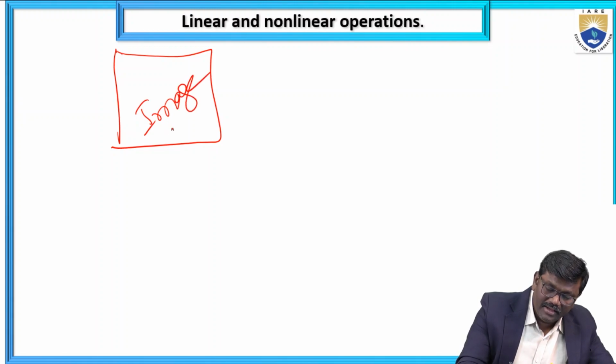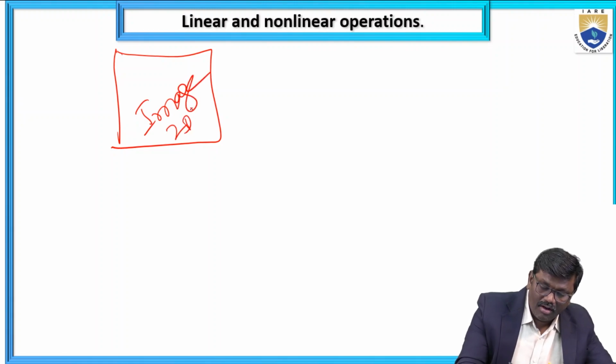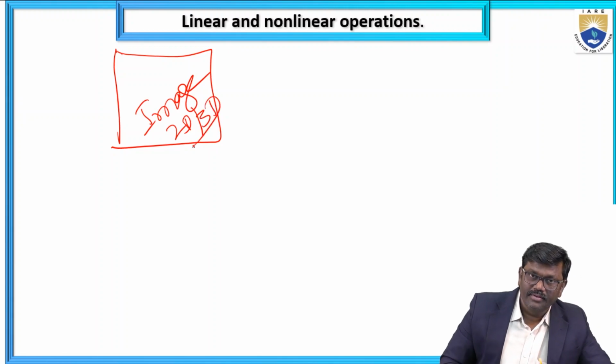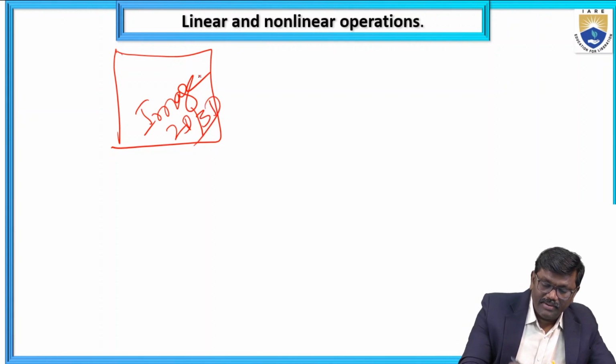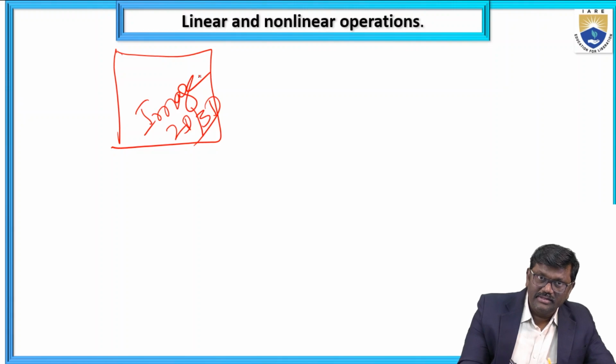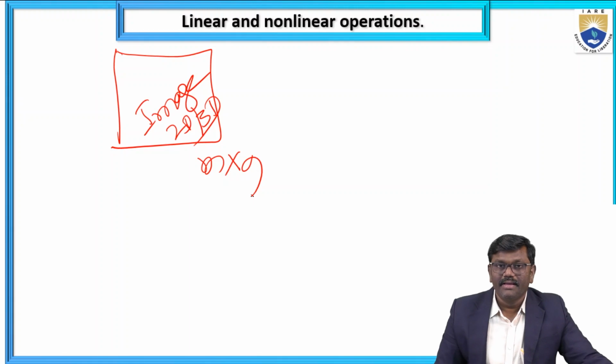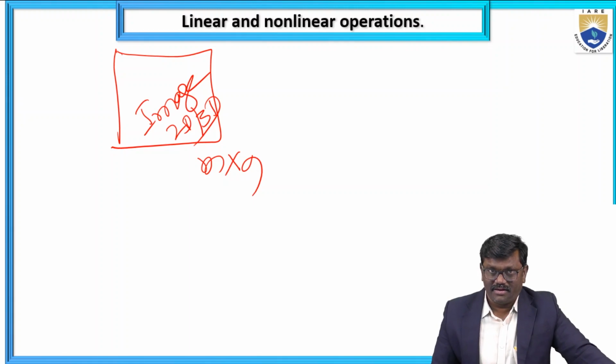We may consider either 2D or 3D. That means your image contents are data arranged in terms of m by n: m rows and n columns.